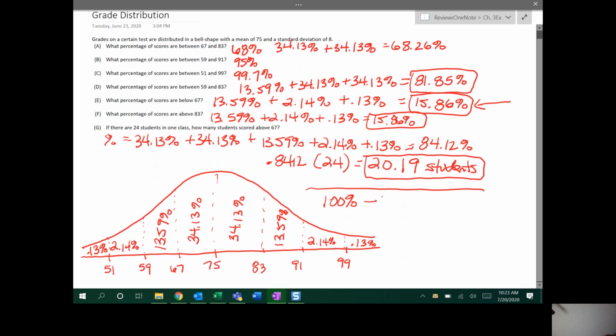So the word we'll use later on is the complement of that would be 84.14%. And then multiply that number by 24.